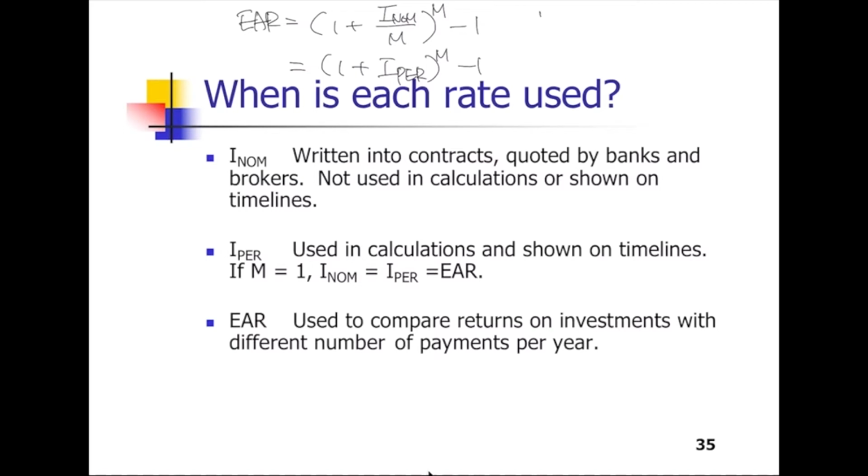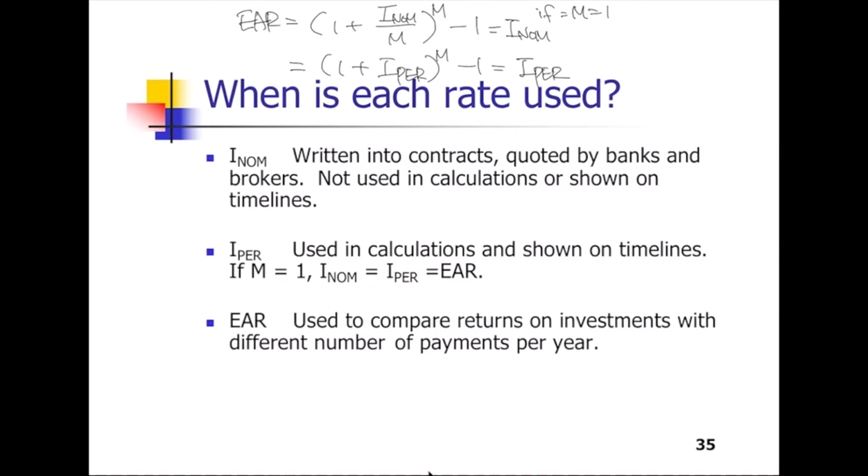So in this case, if m equals 1, this is I nominal rate and this is I period rate, right? So you input m equal to 1, you get this result, right?